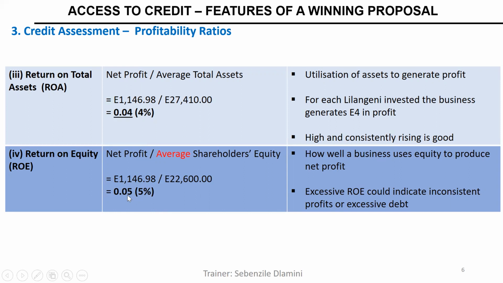The ratio is 0.05 or 5%. The return on equity measures how well a business uses equity to produce net profit. An excessive return on equity could indicate inconsistent profits or excessive debt.